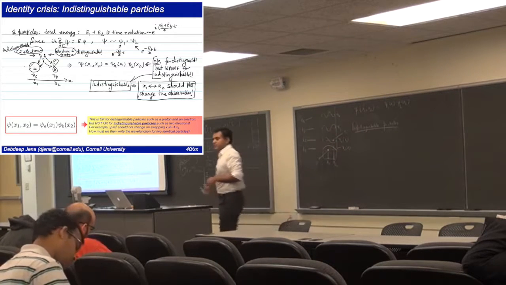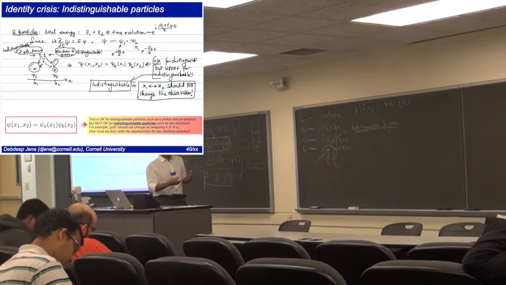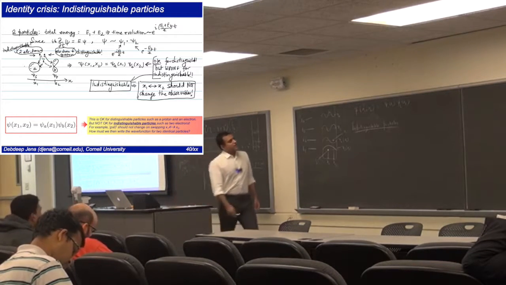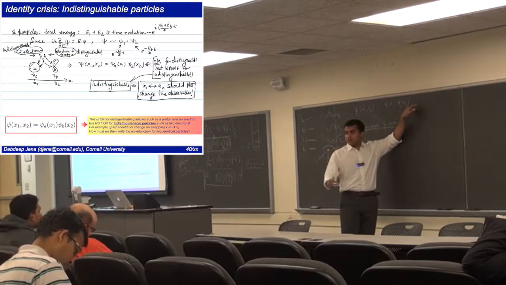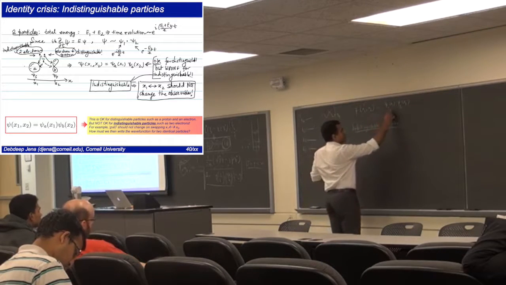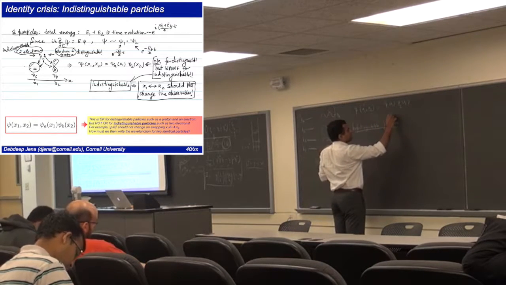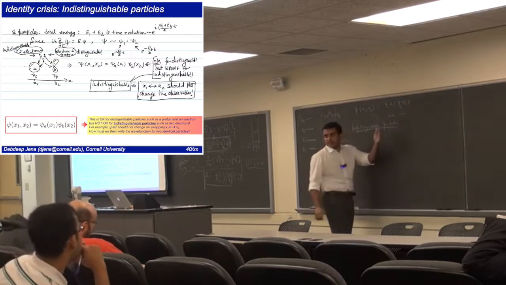I can switch x1 and x2, and say where is particle 1 and particle 2, because they're really indistinguishable. If I swap x1 and x2, this functional form must not change, but you can see here it's a problem, right? Because psi 1 could be sine of kx, and this could be cosine of kx, or something like that. Do you see that?